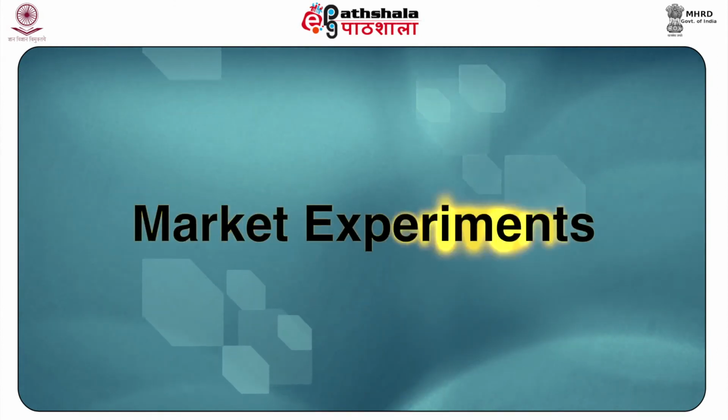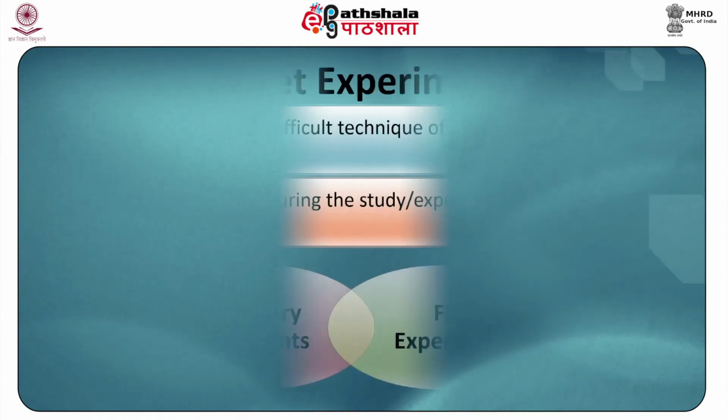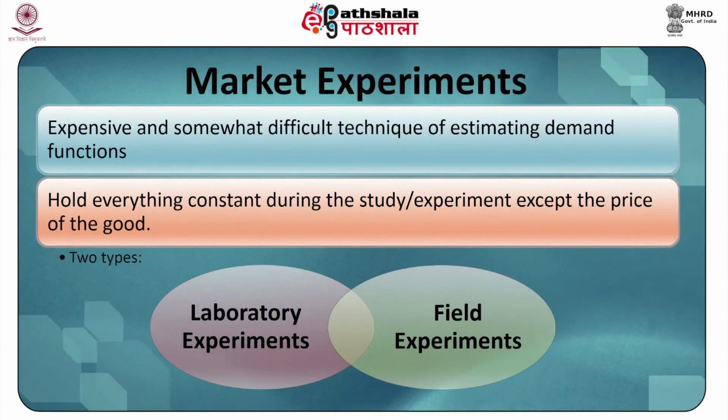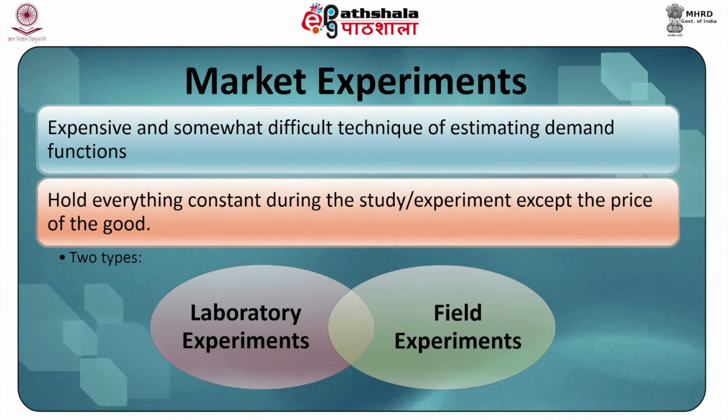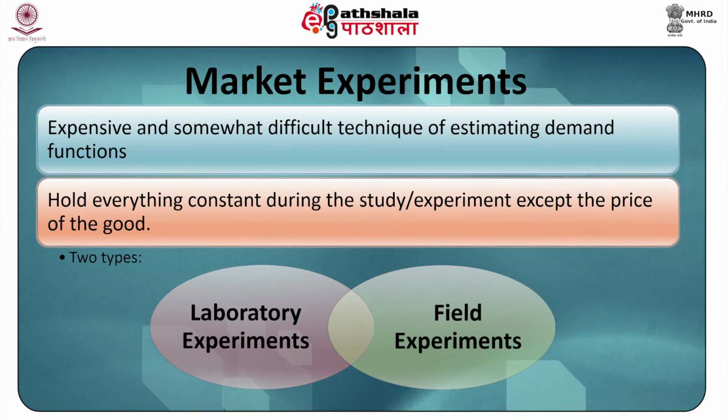Let us look at market experiments. This is quite an expensive and somewhat difficult technique of estimating demand functions. This method attempts to hold everything constant during the study or experiment except the price of the good.